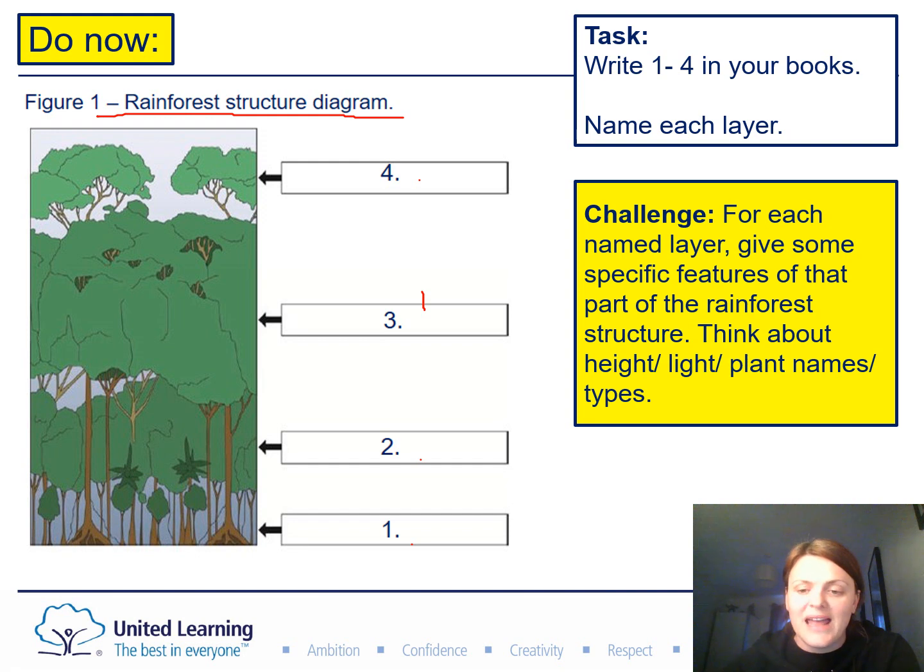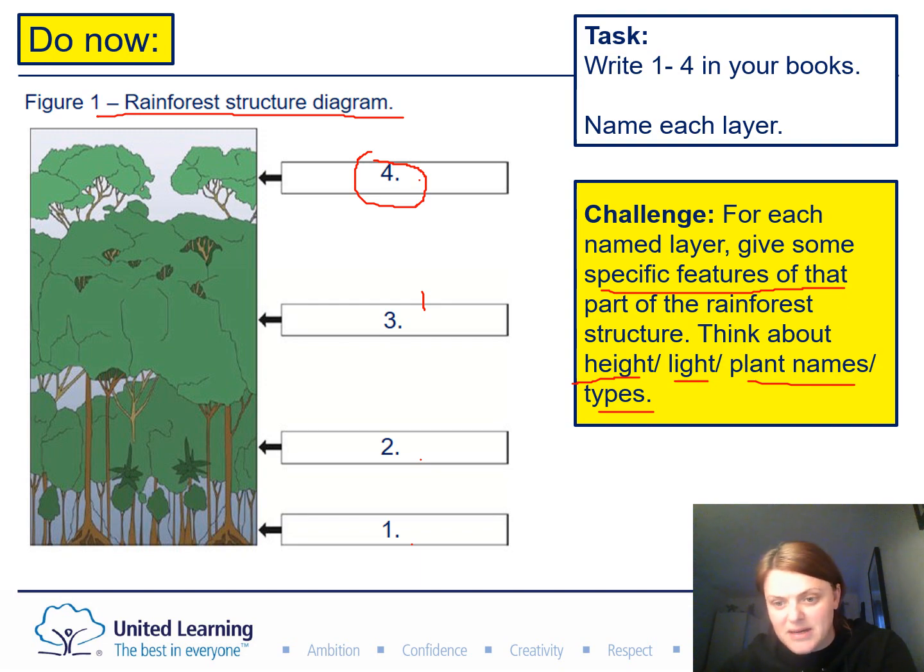For each layer that you've named, can you give some specific features of that rainforest structure? Think about the height, how much light gets there, any plant names or plant types. Okay, off you go. Give yourselves about 5 minutes.